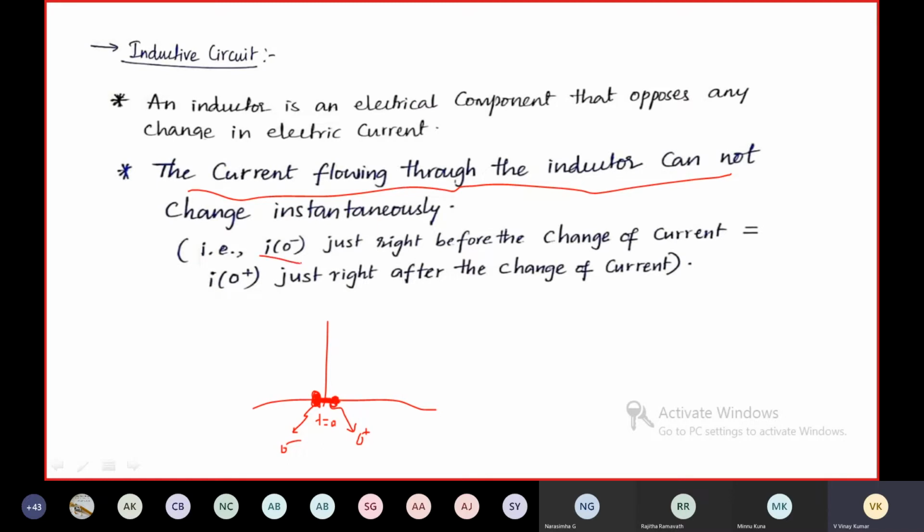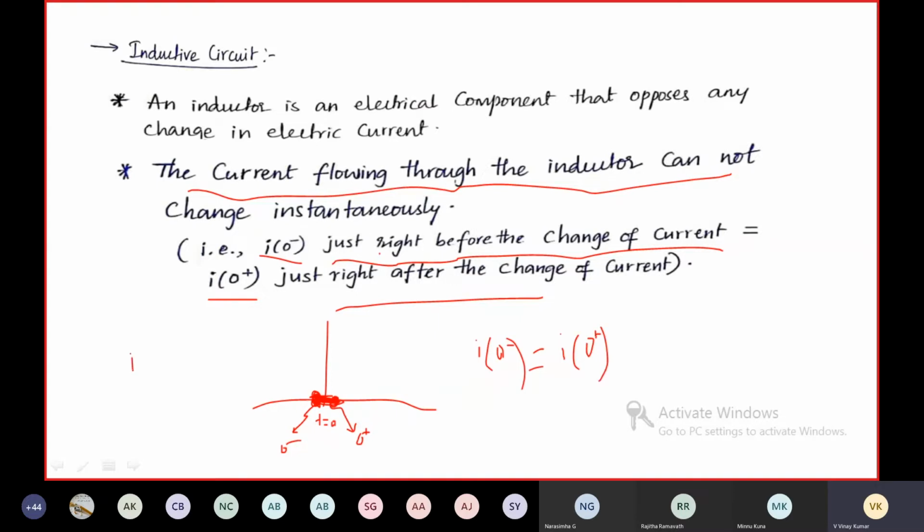Means I of 0 minus is equal to I of 0 plus. Just write before the change of current, just write after the change of current. We already discussed that within 0 time the current doesn't change in case of an inductor, so I can write I of 0 minus is equal to I of 0 plus.